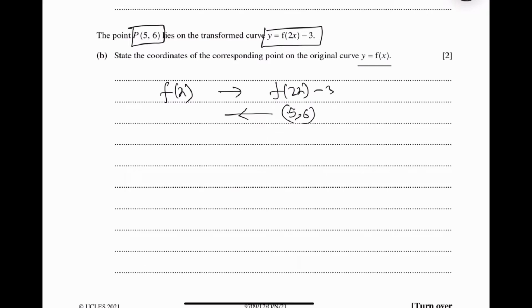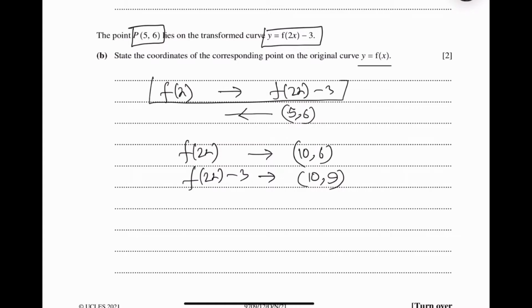For f(2x), we just multiply, this will be (10, 6). Now for minus 3, reverse work, so it will be (10, 9), 6 plus 3 is 9. Now if you try in the same order from f(x) to the transformed graph, you will get the (5, 6) answer. So you should think it properly, otherwise there is a lot of chance to make a mistake.